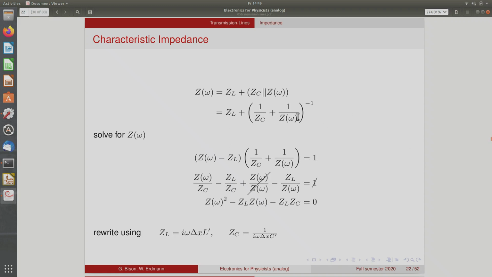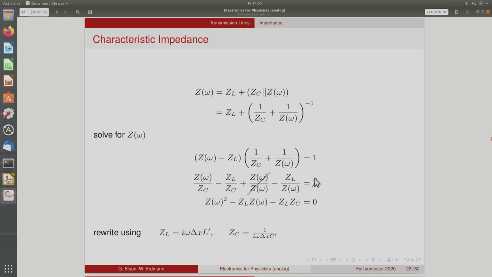We multiply the equation by this term and bring this one to the other side, so here we have Z minus ZL multiplied by this term, and then what's left on the other side is 1. And so we multiply this out, so you have Z divided by ZC minus ZL divided by ZC, then this one is Z divided by Z, which is a 1, and you have minus ZL divided by Z of omega.